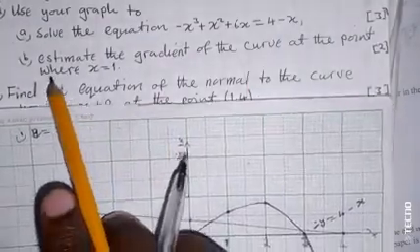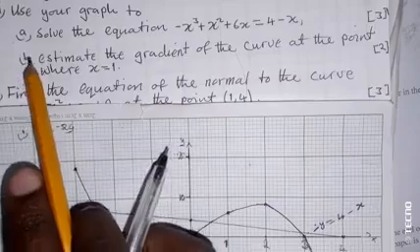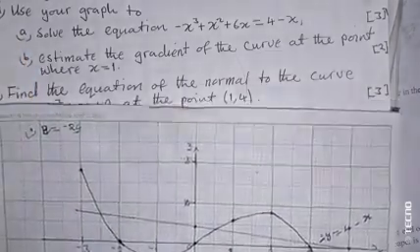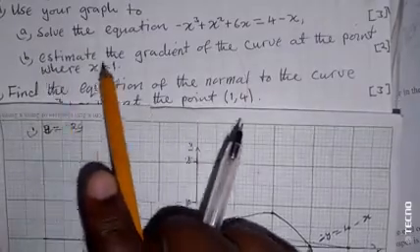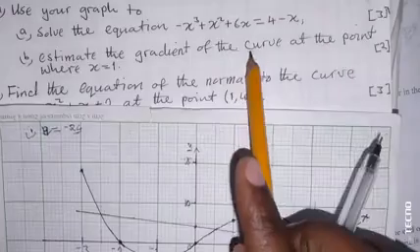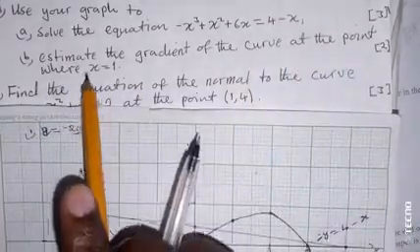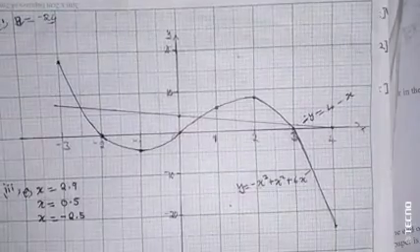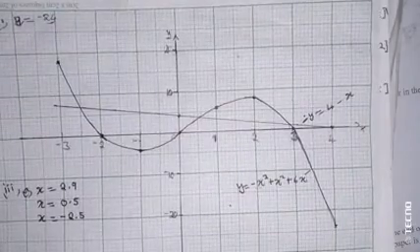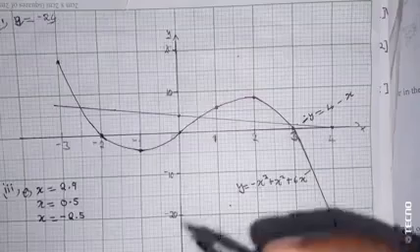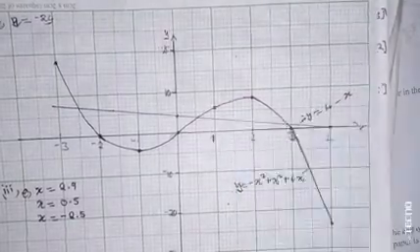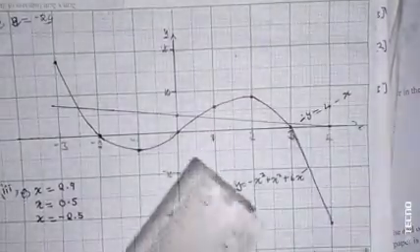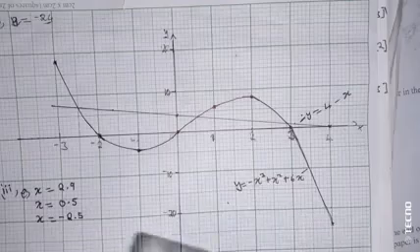Then we move to 3b. It says estimate the gradient of the curve at the point where x is equal to negative 1. So here they want us to estimate the gradient at the point when x is equal to negative 1. So at this point we are going to draw a tangent line.